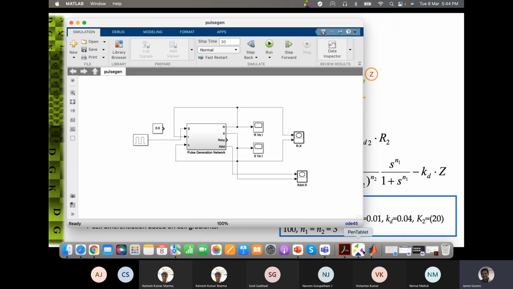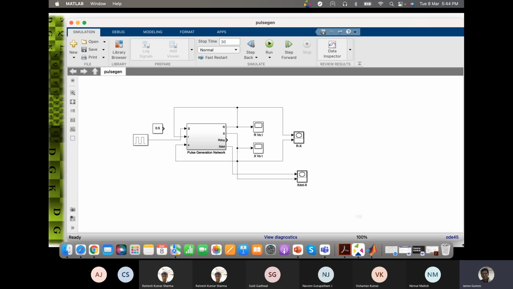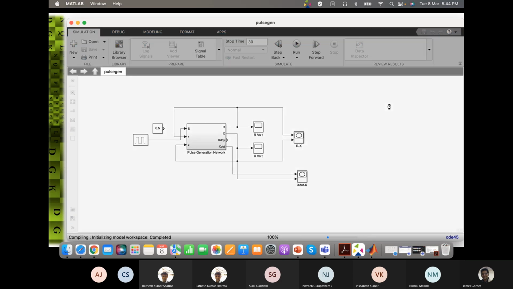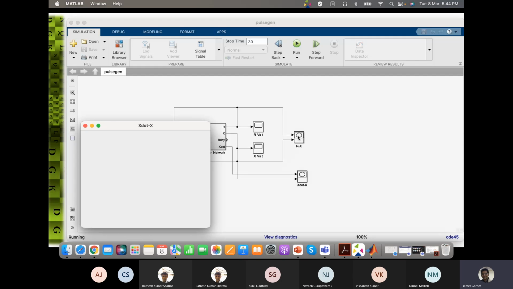This is the ODE model that I've got here, and I'll just run it. I hope it comes up with a pulse generator, because last time I changed something to show in the class and I don't remember the parameters I used. It's still asking me to wait.